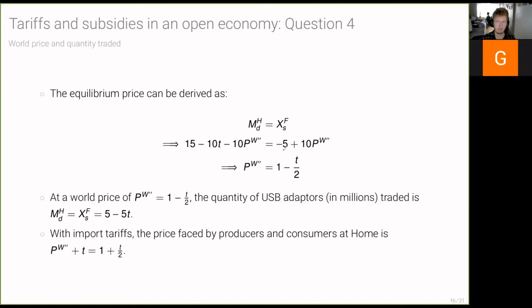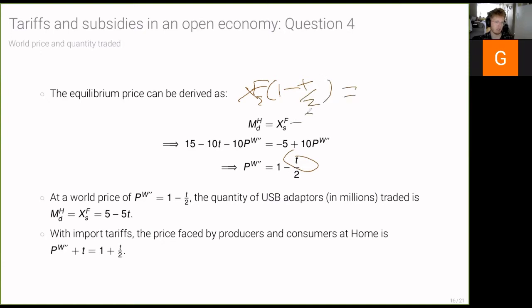And so as we can see, the larger the specific import tariff that we apply, the more the world price is going to be reduced through the terms of trade effect. Okay, and so at this new world price, we can figure out what the quantity of USB adapters traded is going to be. To see this, let's plug into X, foreign's export supply, at a price of 1 minus T over 2.